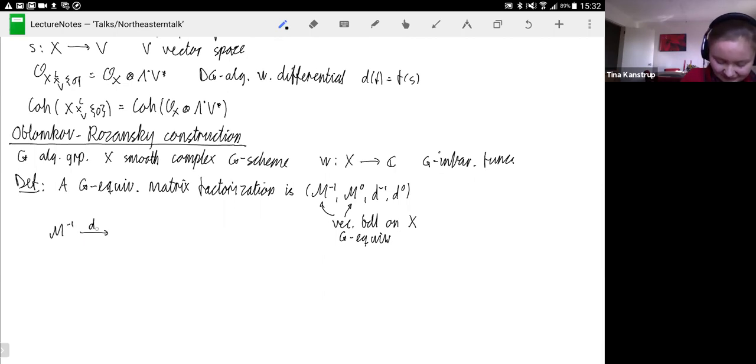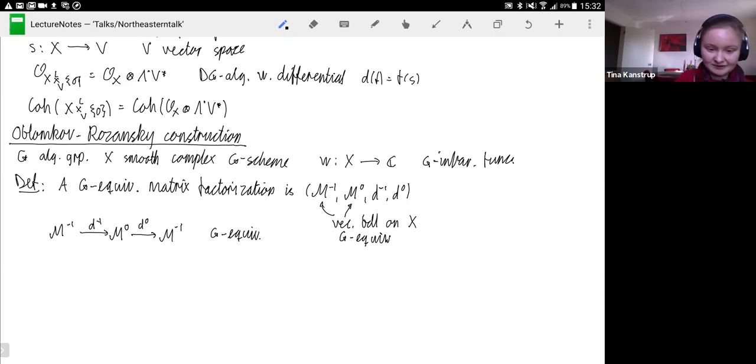So my D minus 1 goes from M minus 1 to M0, and my D0 goes from M0 to M1. This is supposed also to be G equivariant.